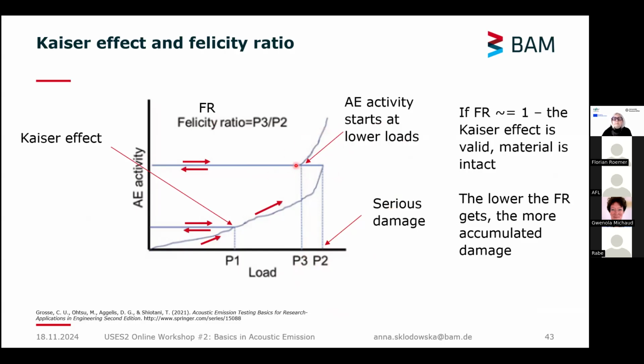It is the ratio between P3 and P2, and it is a kind of indicator of whether the material is intact or there is some accumulated damage. If the felicity ratio is around 1, the Kaiser effect is valid and the material is assumed to be intact. However, the lower the ratio gets, the more damage we assume has accumulated in the material.